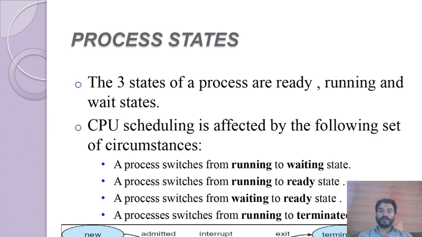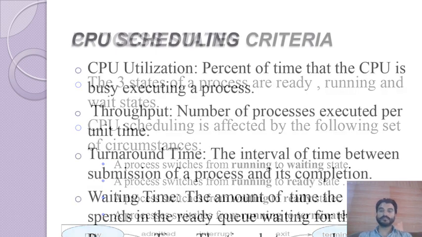When any of these conditions occurs, there is a switching. Switching means when a process has been in running state for some time, it gets out of running state and goes to waiting state, and this job is done through CPU scheduling algorithms.